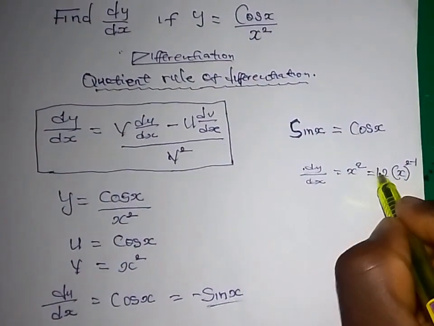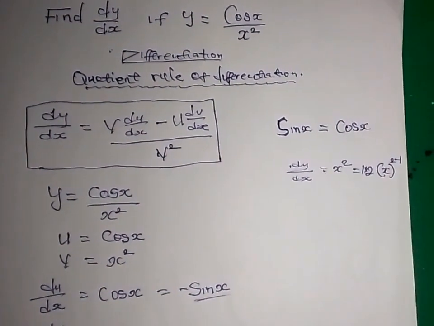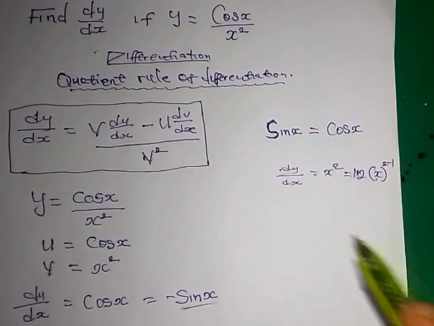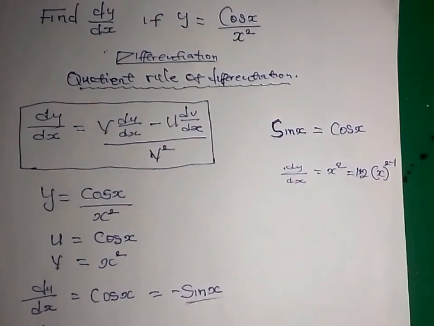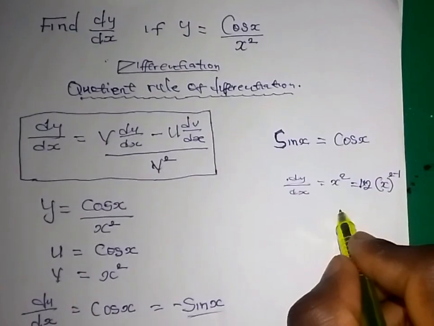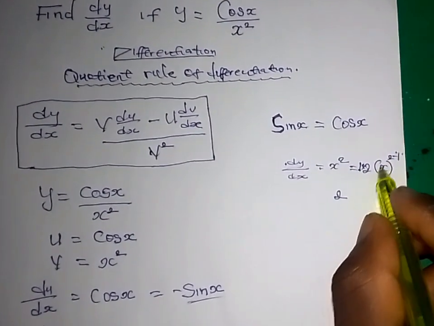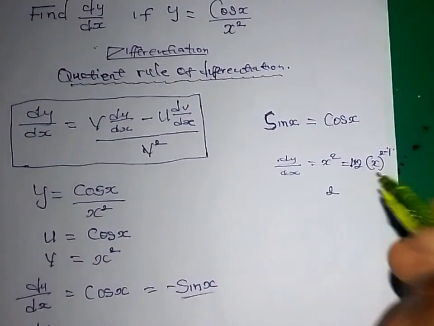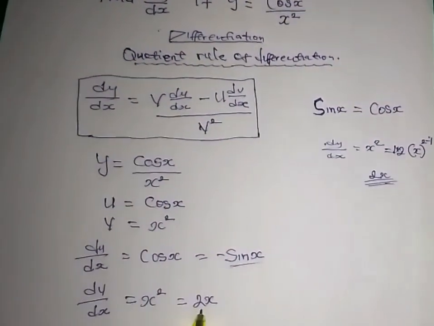I can add 1 because we have 1 here. The 1 is invisible. When we do this, 1 times 2 will give us 2. 2 minus 1 will give us 1. x raised to power 1 is same as x. That's how we got this 2x.